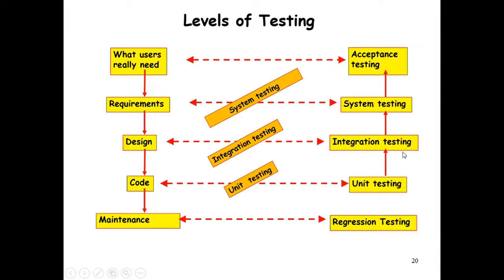Integration testing is done referring to the design document, and system testing is carried out on the documents that have been generated in the requirement phase. And acceptance testing uses the SRS document, or what users really need, which is actually captured in the SRS document.